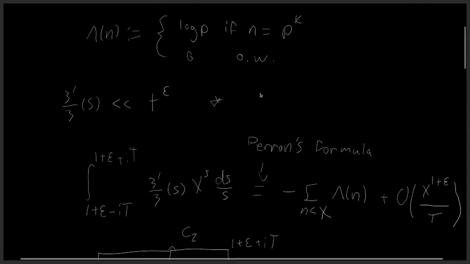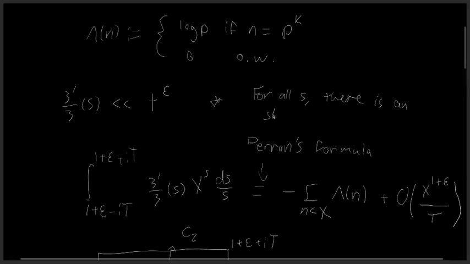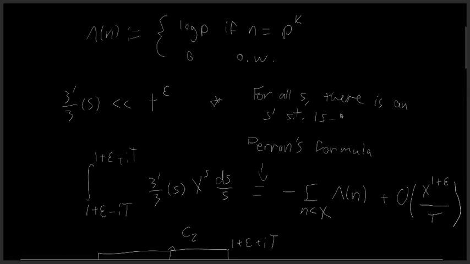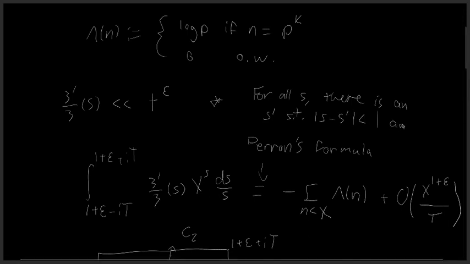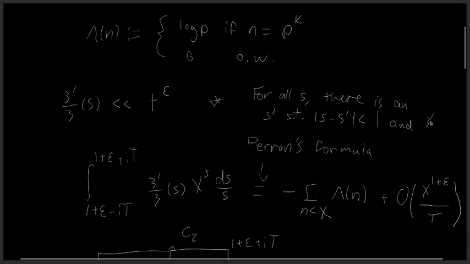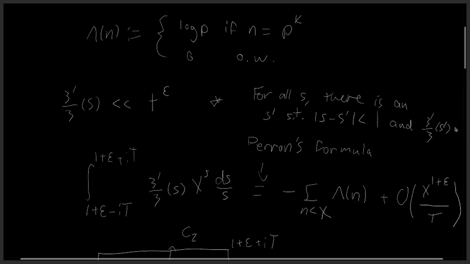What we said is that for all s, there is an s prime such that s minus s prime is at most 1, so you're near s, and zeta prime over zeta at s prime is bounded in this way.